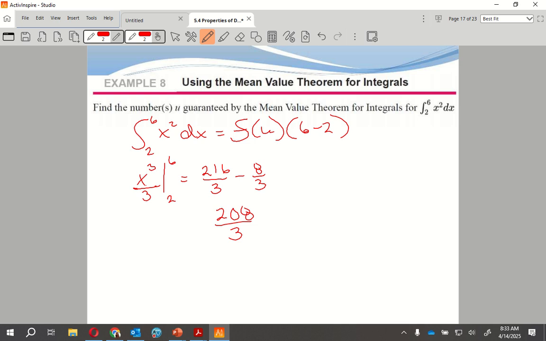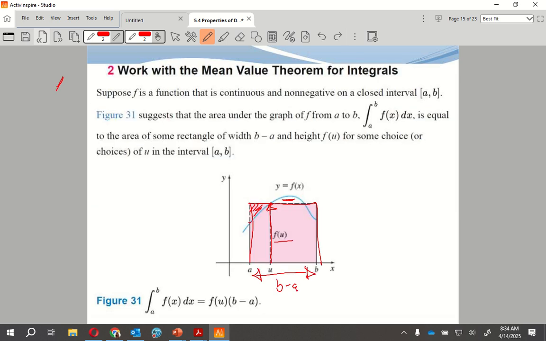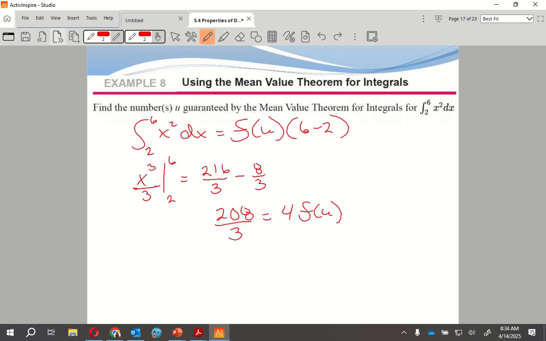Okay, now it's got to be equal to this over here, so I'm going to have 4 times f of u. So f of some value. I don't know what the x value is going to be yet, or in this case the u is going to be somewhere here on the graph.